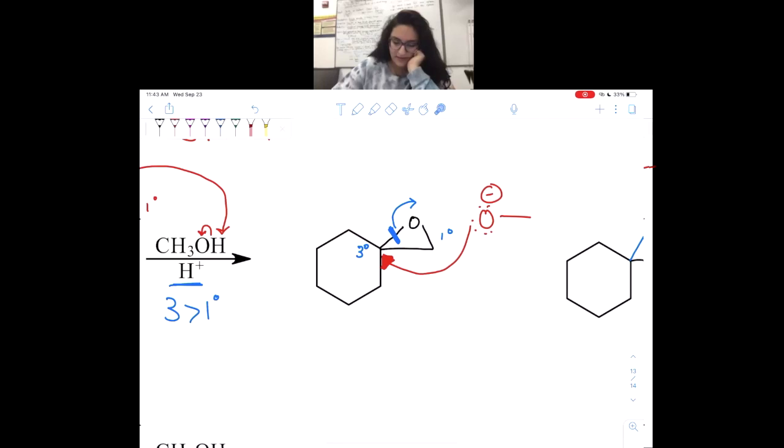It might not be the best explanation, but for the purposes of this class, you don't have to know all the mechanics behind it. Just know that you're not going to break any carbon-carbon bonds, only bonds between a carbon and a heteroatom. So nitrogen, oxygen, sulfur. Does that kind of make more sense? Yeah, thank you. You're welcome.